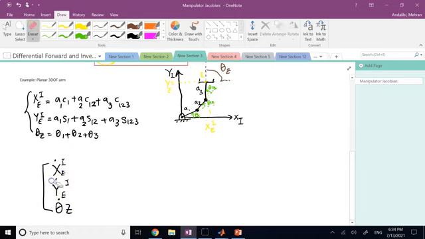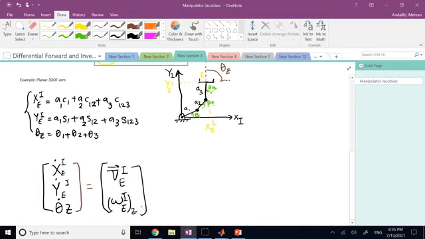If you want, you can call the first 2 components vector v, the linear velocity of the end effector, and this single component, call it what? Omega of the end effector. But you know, omega is only omega z, correct? That's all it is. You can also call it a vector, but in this case, that's just a scalar. It's not really a vector.